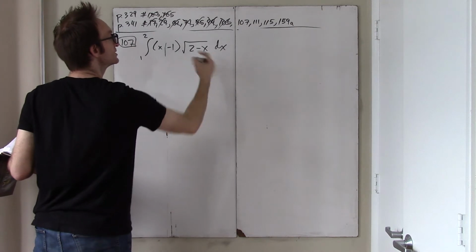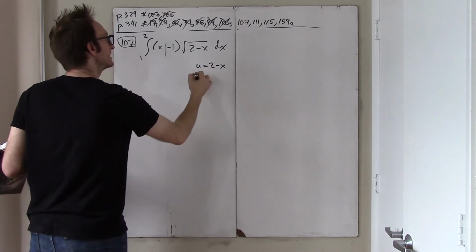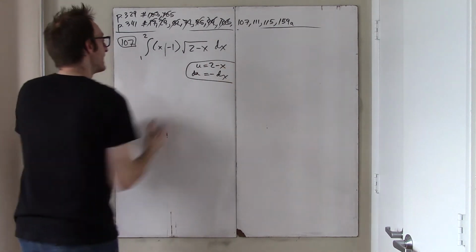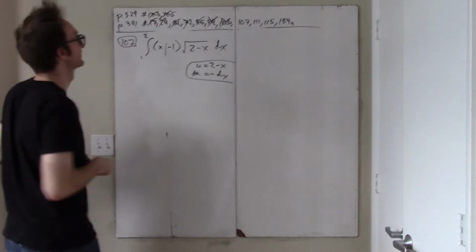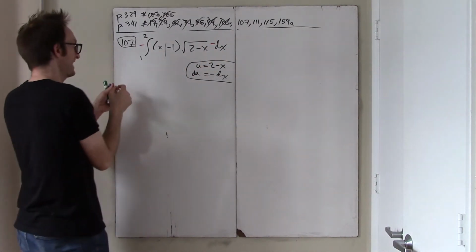I'm going to let u be 2 minus x. And you're just going to see why this is a great idea. Because then du is just negative dx. And so I now gain the ability to stick in a negative and undo the negative on the outside.